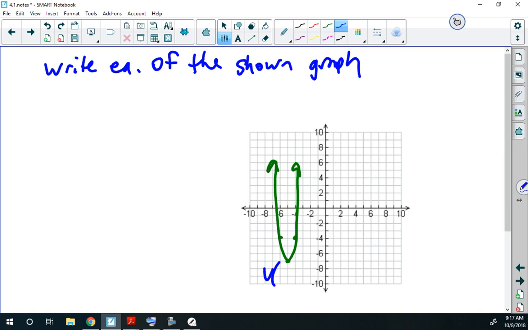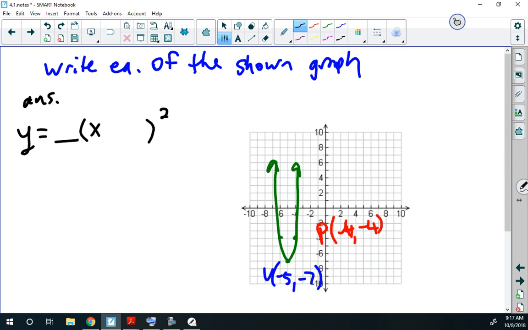That's -5, -7. Here's the point P at -4, -4. Cool. So my answer to this is going to have to start off with y equals something times x something squared something something. Let's see.